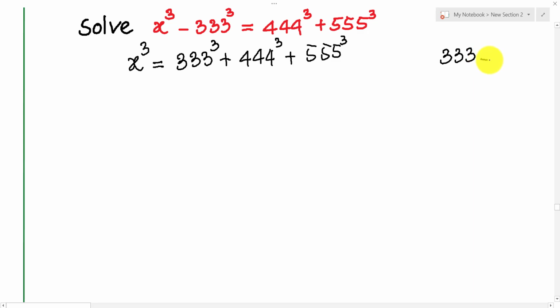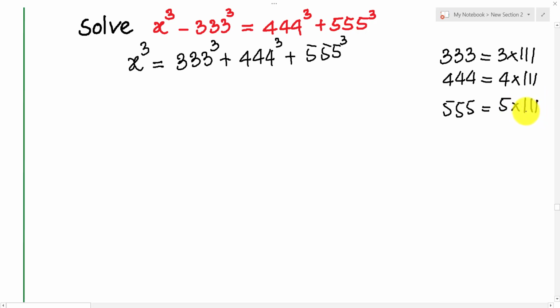You see this 333, I can write it as 3 multiplied by 111. And 444, I can write as 4 multiplied by 111. And 555, I can write it as 5 multiplied by 111.